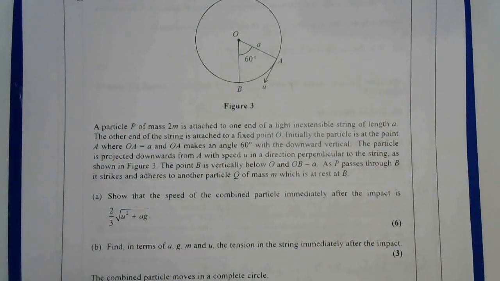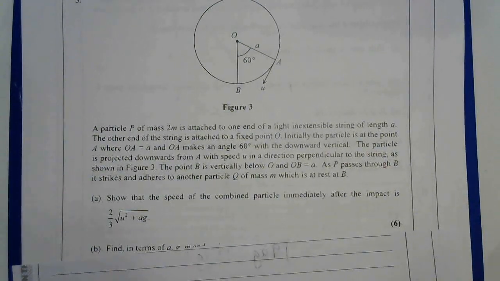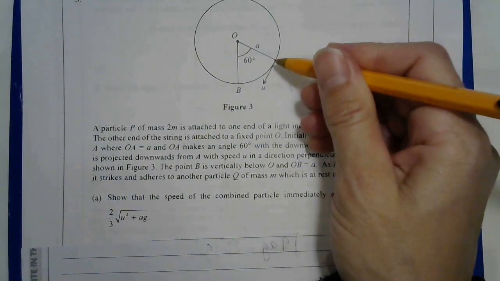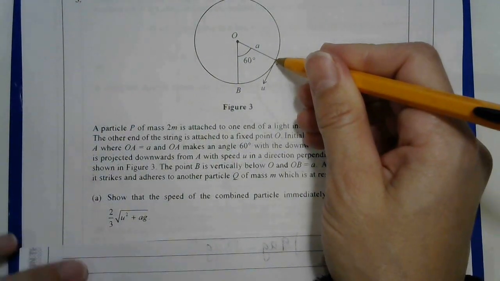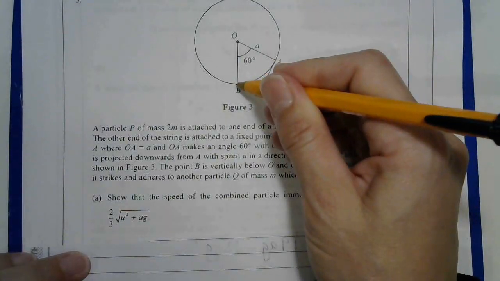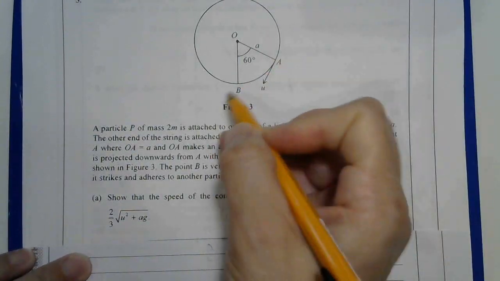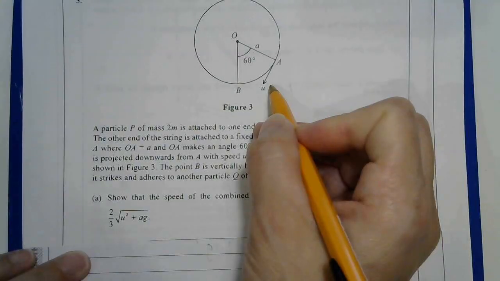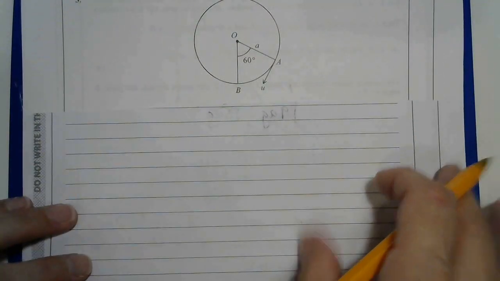So, if we begin by looking at the kinetic energy and the gravitational potential energy here and the kinetic energy here, we'll take this level B to be the level where there is no potential energy.